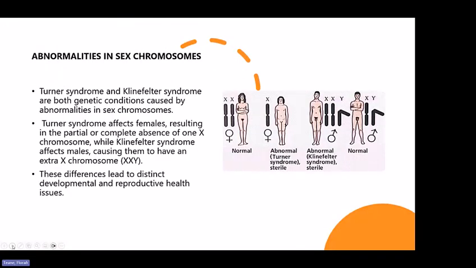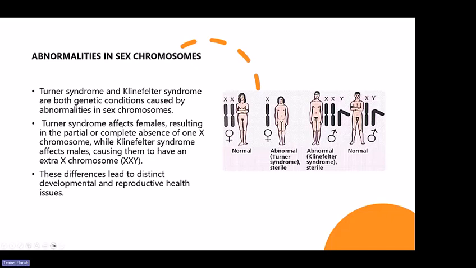Right? These abnormalities do not only happen in chromosome 21, we also have what we call Turner syndrome and Klinefelter syndrome. These are both genetic conditions caused by abnormalities in sex chromosomes.